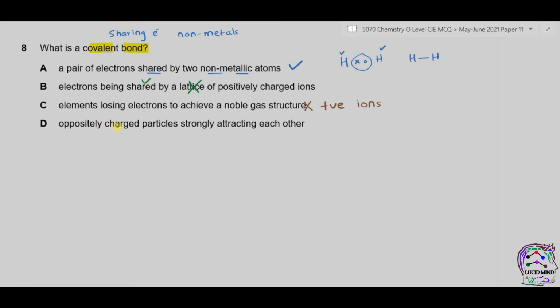Part D, we have oppositely charged particles strongly attracted to each other. Again, this is the positive and negative ions that are present in ionic bonding. This is not a covalent bond. Correct answer is therefore part A.